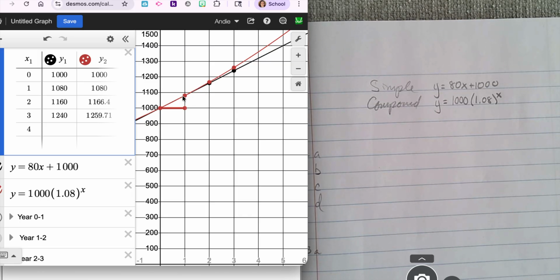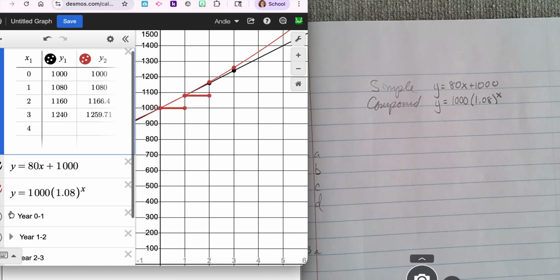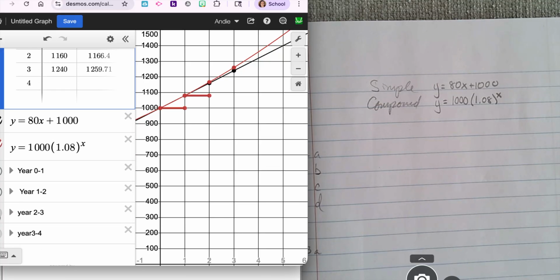I go straight from $1,080 to $1,160 or $1,166.40. So it looks more like that. And then year 2 to 3, like that. Year 3 to 4, like that.